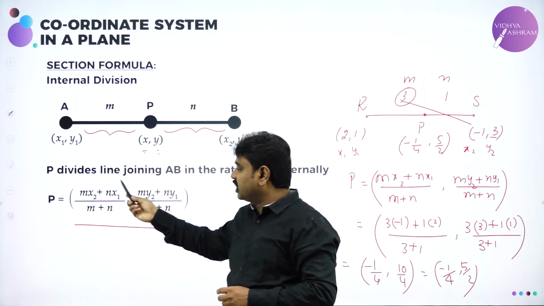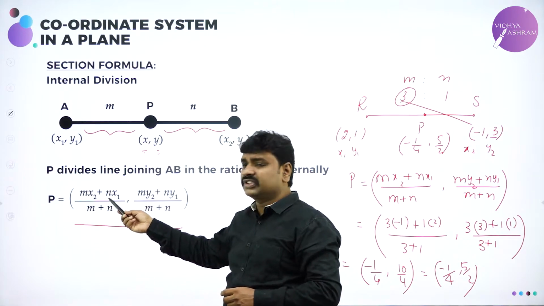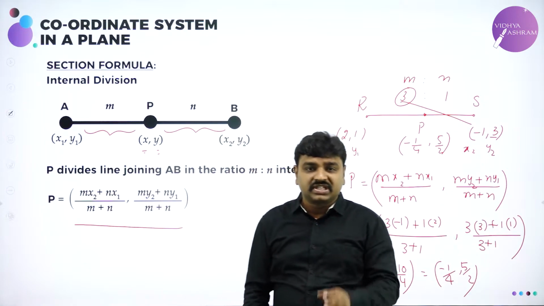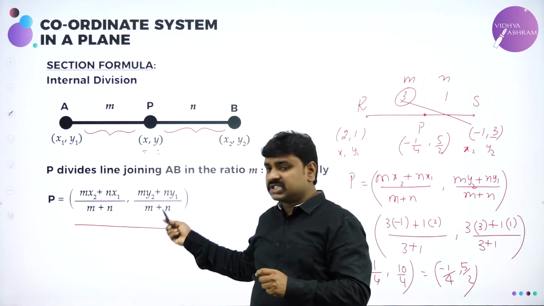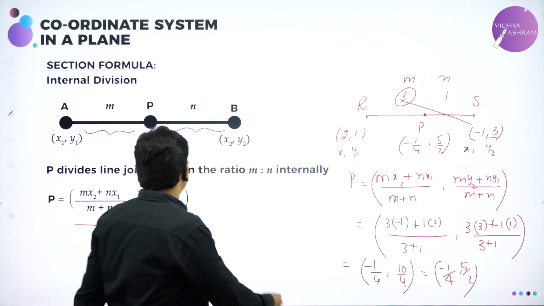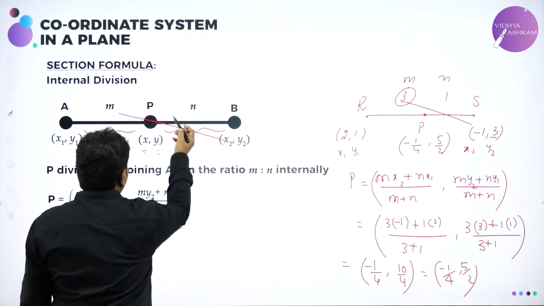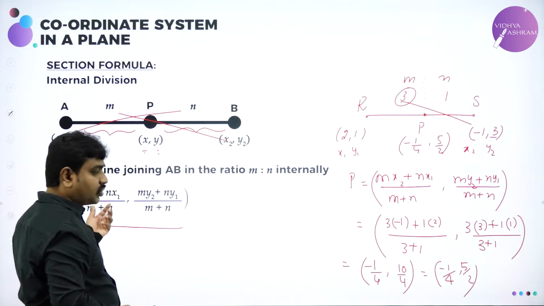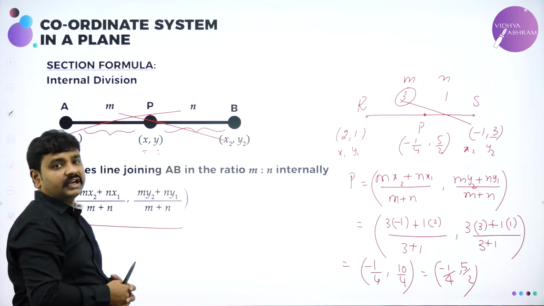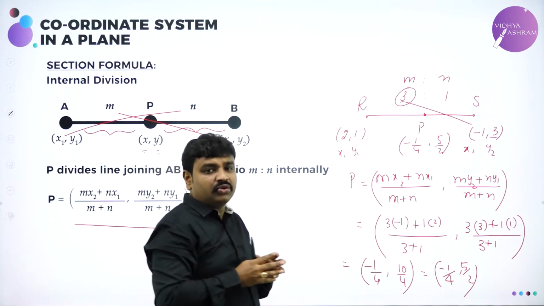So for x coordinate, if you remember the formula, just in the place of x replace it by y, you will get y coordinate. What is the point of division? mx2 plus nx1 by m plus n, my2 plus ny1 by m plus n, where m and n represent what? Ratio. And I told you crisscross, m with this x and n with this x gives you x coordinate, and similarly m with this y and n with this y gives you y coordinate. I hope all of you are thorough with the formula.